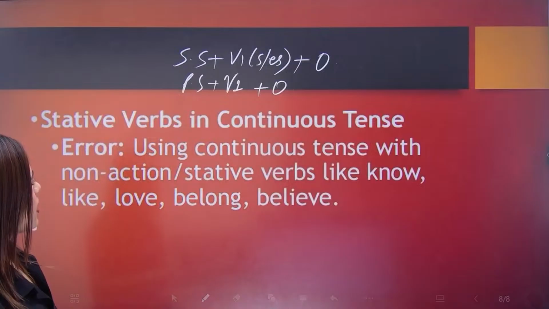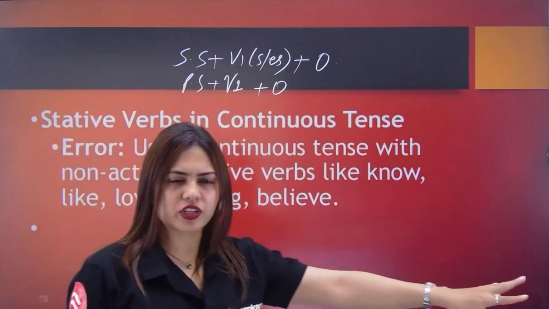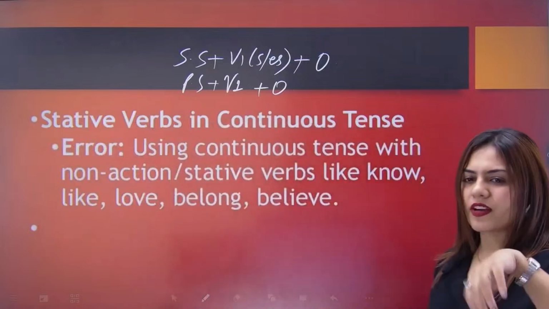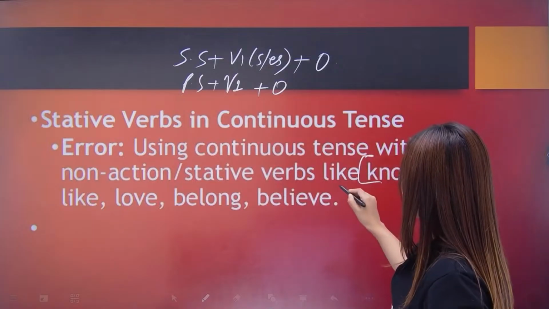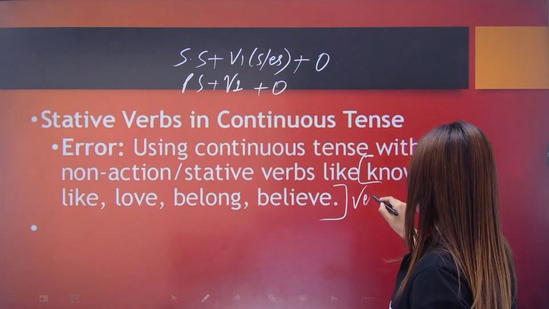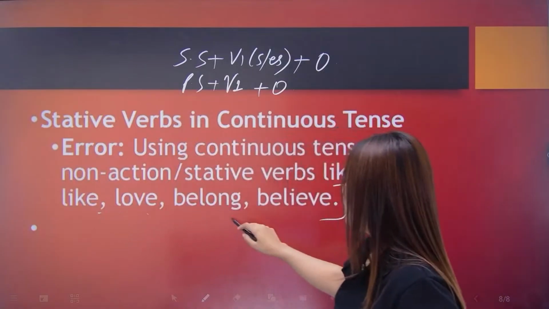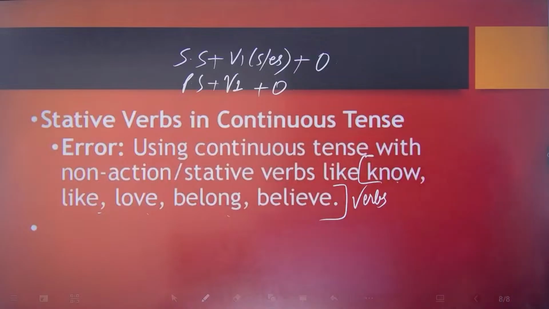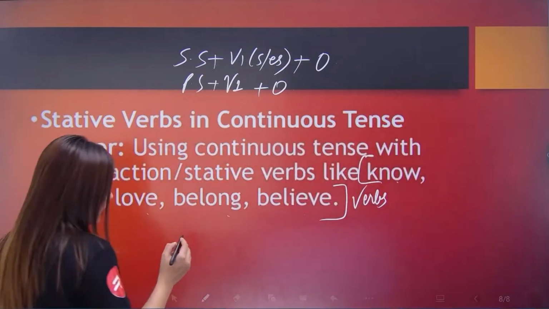So remember, using continuous tense with non-action or stative verbs. Stative means something which is fixed or static. Okay, like you might see certain verbs like know, like, love, belong, believe. Wherever you see these verbs in a question, that means it's time for you to become super attentive.